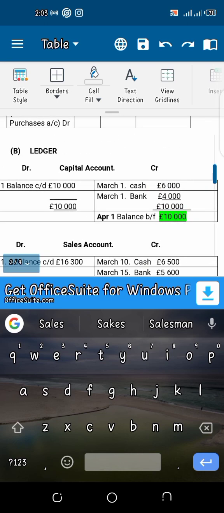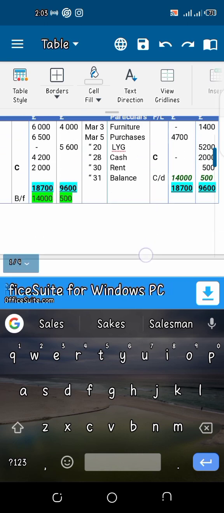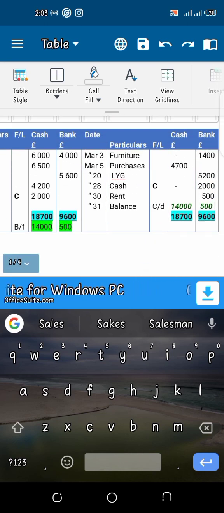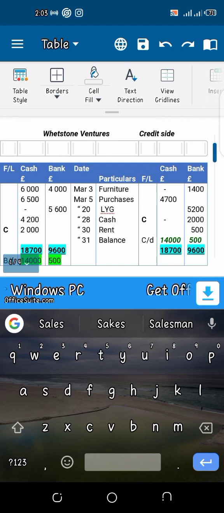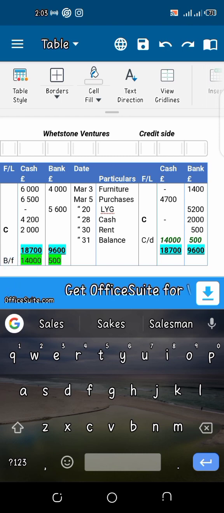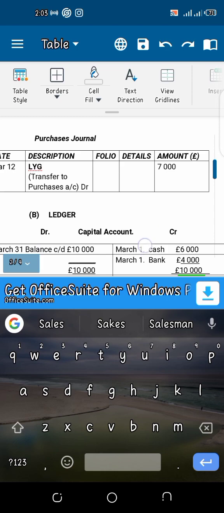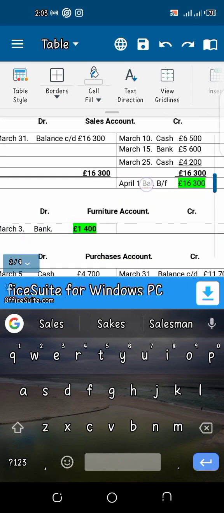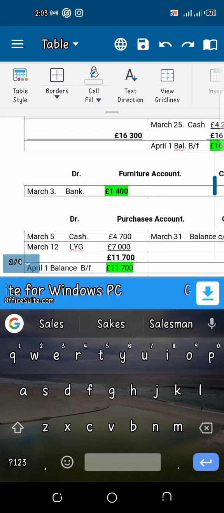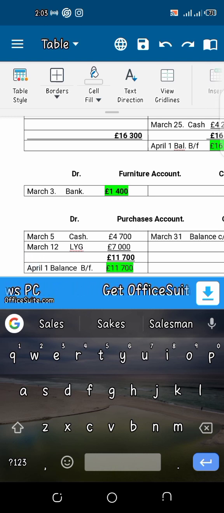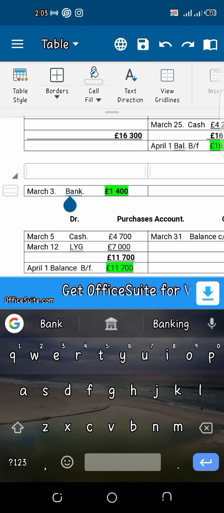Now we go to the cash book again, and all the entries found at the credit side will be written in the debit side of the ledger. So let's go to the furniture account. Furniture account, debit side, bank 1,400. The description bank shows that the payment was made in check.